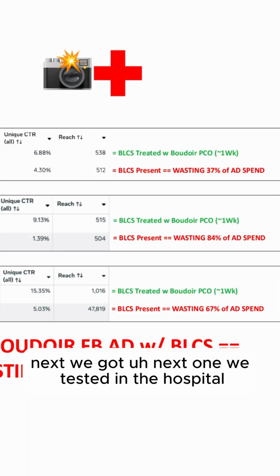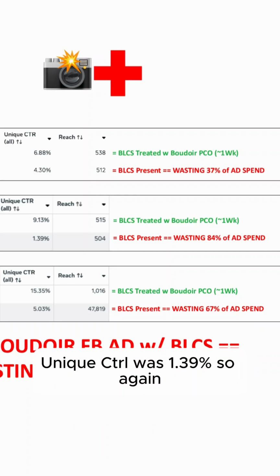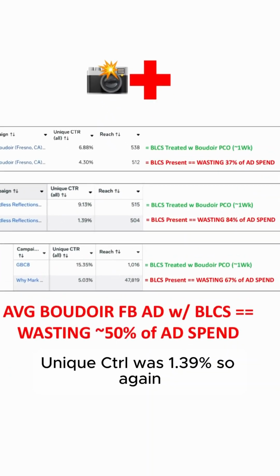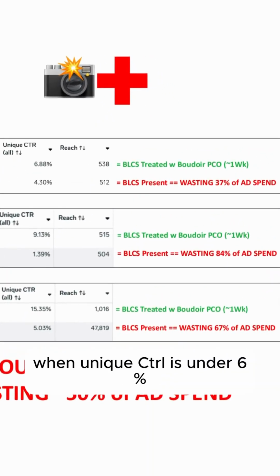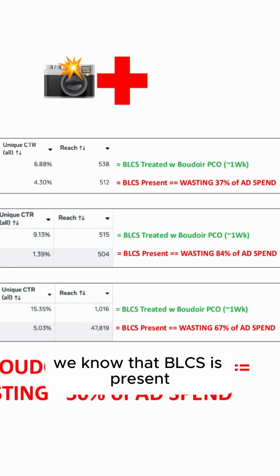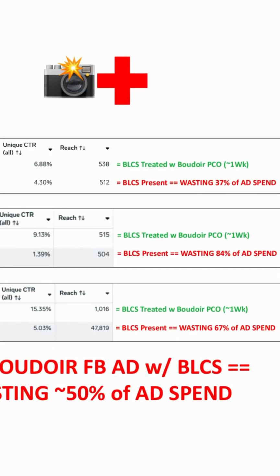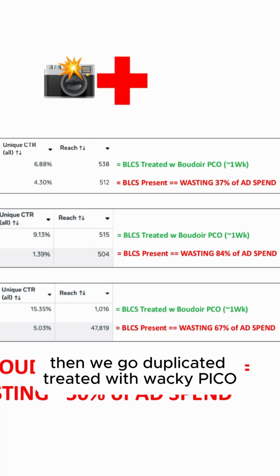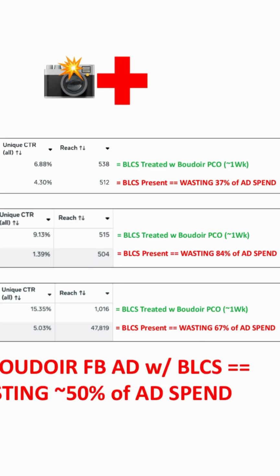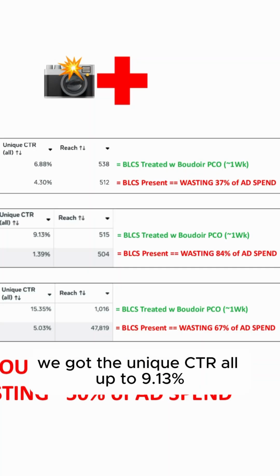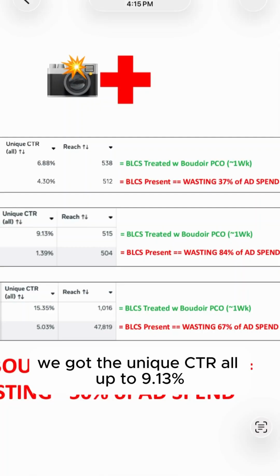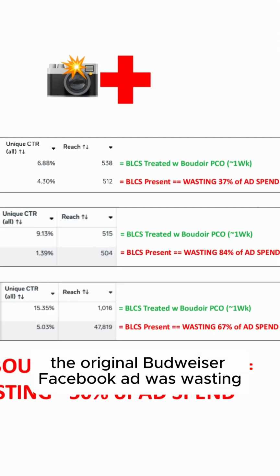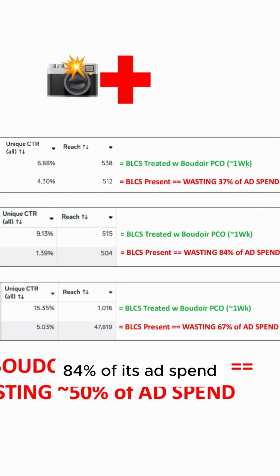Next, the next one we tested in the hospital: unique CTR was 1.39%. Again, when unique CTR is under 6%, we know that BLCS is present. So we duplicate it, treat it with Boudoir Pico, which takes about a week, and we got the unique CTR up to 9.13%. So we found out the original Boudoir Facebook ad was wasting 84% of its ad spend.